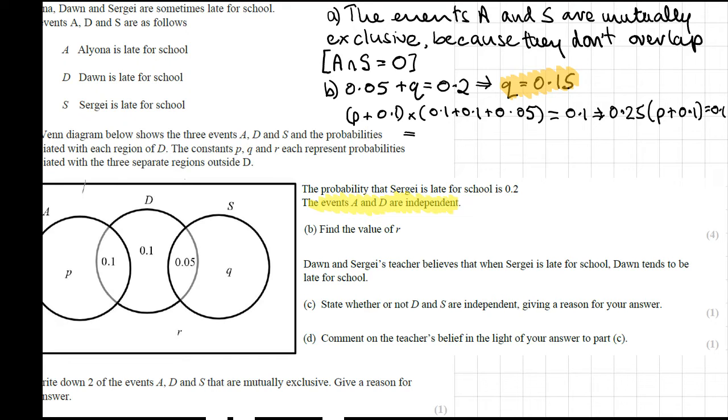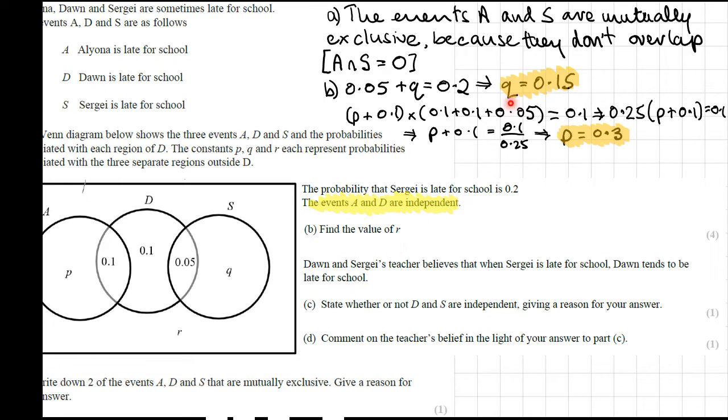Divide both sides by 0.25, so I'll have P plus 0.1 is equal to 0.1 divided by 0.25, and then subtract 0.1 from both sides allows me to calculate P, and that gives me a value of 0.3, or 3/10. Now if you get decimal answers, ideally you want to give those answers as exact fractions if possible. In this case it's not a problem. Right, part B. Oh, we haven't finished part B yet.